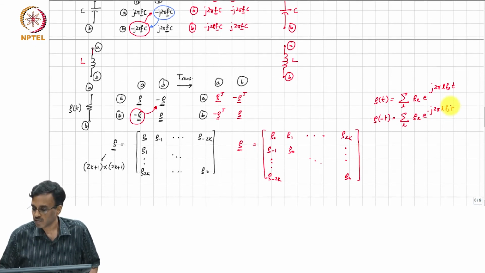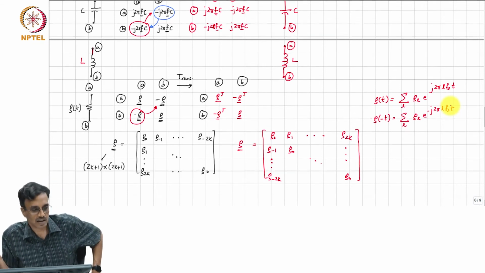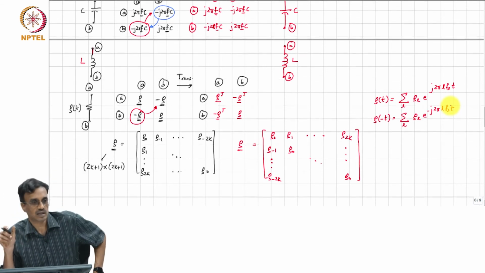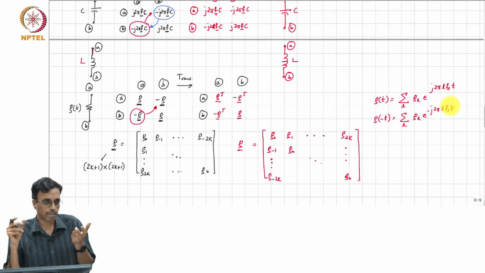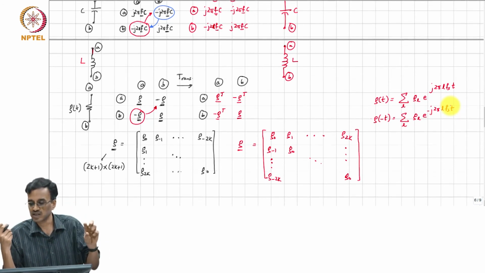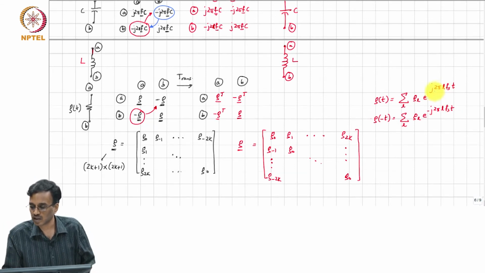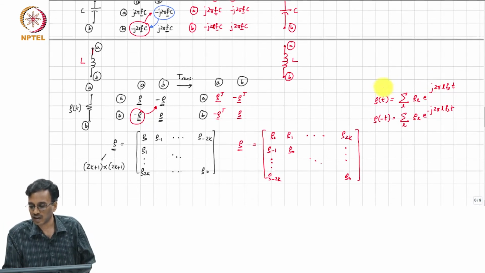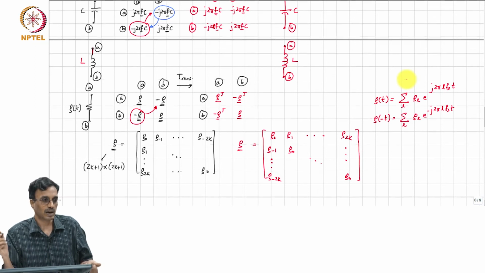So basically this is saying that if I flip the G of t waveform in time, right, then whatever was the strength of f s in the Fourier series of G of t will become the strength of minus f s in G of minus t.